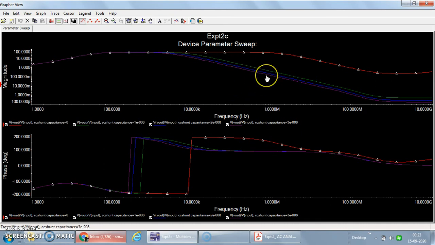But we are more interested in the magnitude plot, where it indicates that if the external capacitance is not connected, this is the normal graph we obtain, but by slowly increasing its value, this violet color indicates 30 nanofarad. The 0 to 30 range has been divided into 4 steps, and we obtain 4 graphs here. As we go on increasing its value, its effect is observed: it affects the higher cutoff frequency in the frequency response curve.